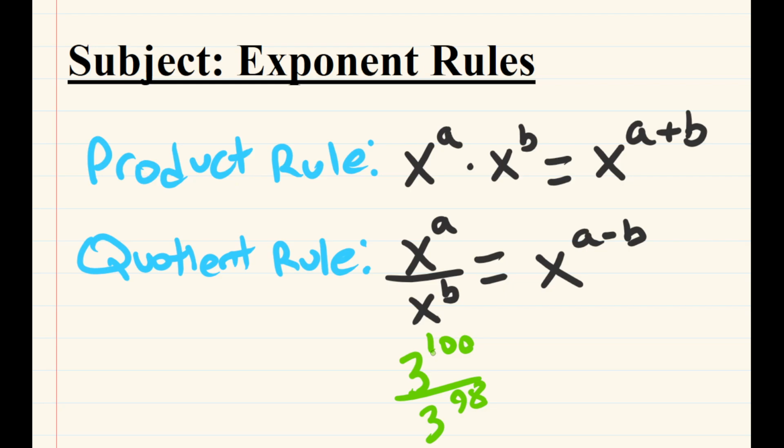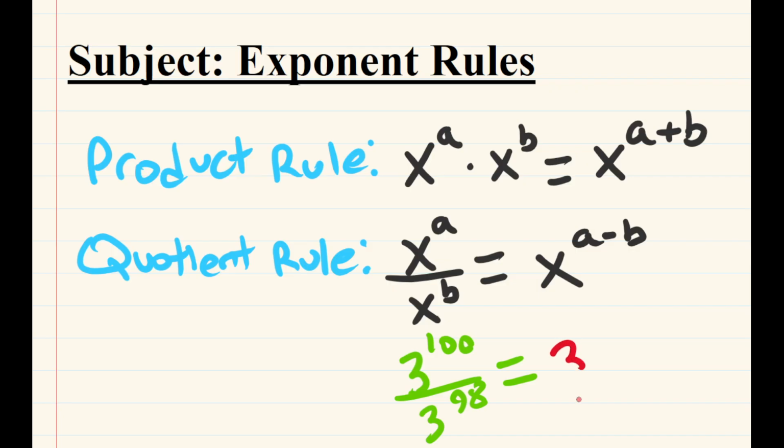And so is 3 to the power of 98. That's also a very large number. So evaluating them first and then dividing them is going to be a very difficult task. But luckily here we can use the quotient rule. We could recognize that they have the same base of 3, and then we can use the quotient rule.